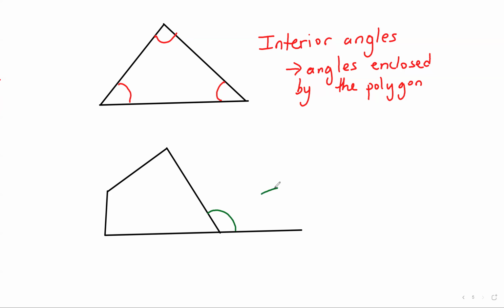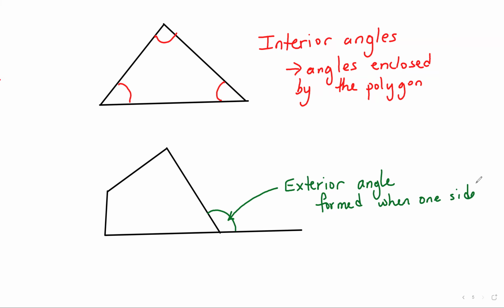So this is the exterior angle formed when one side of the polygon is extended.